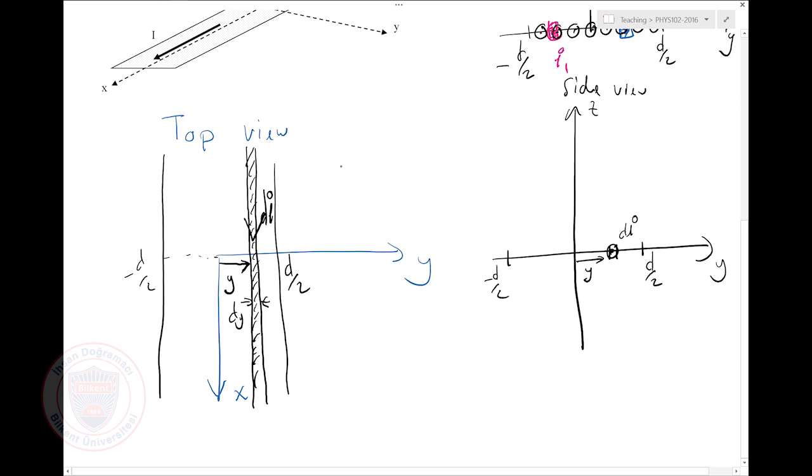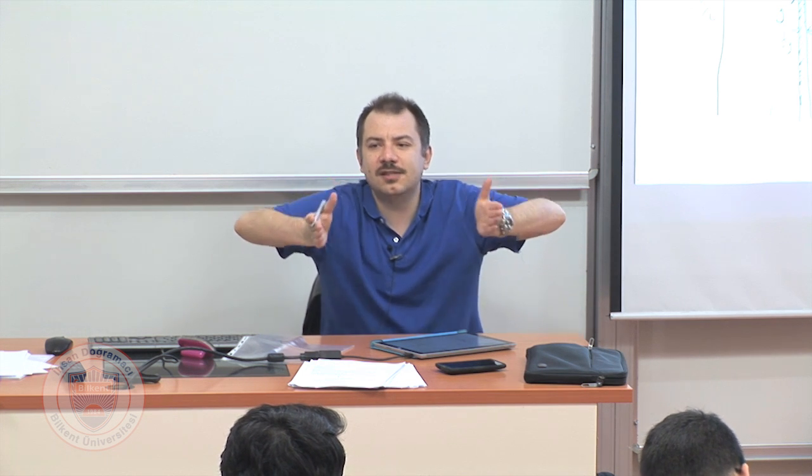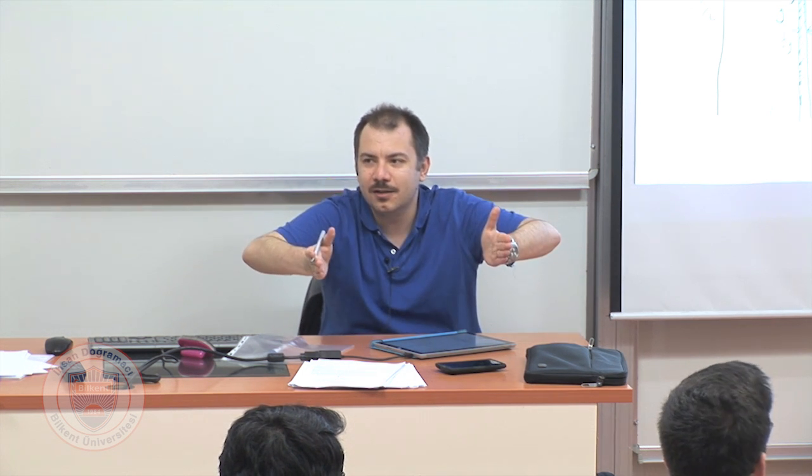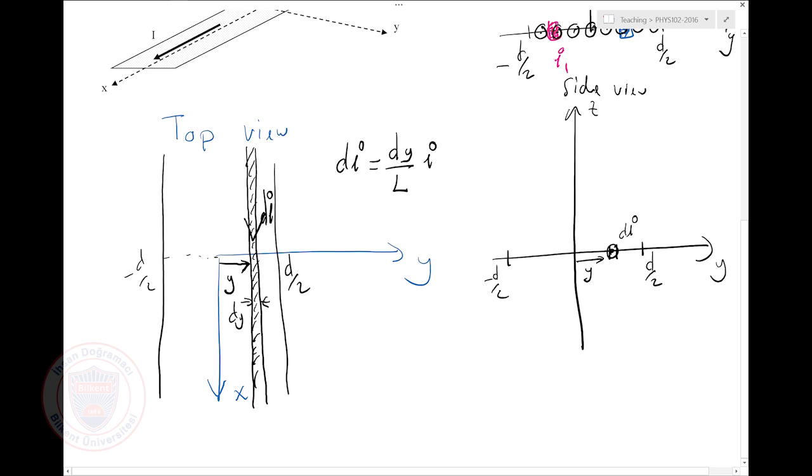Now, can you tell me the amount of the current carried here, di, in the small section? I over d gives me the current density. So if I multiply it by dy, that's just proportionality. If the full strip is carrying a current I, a smaller part, dy over d times I, is going to give me the correct current carried by the small wire.